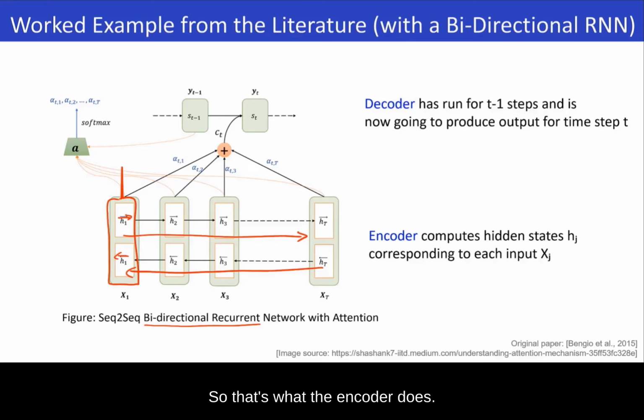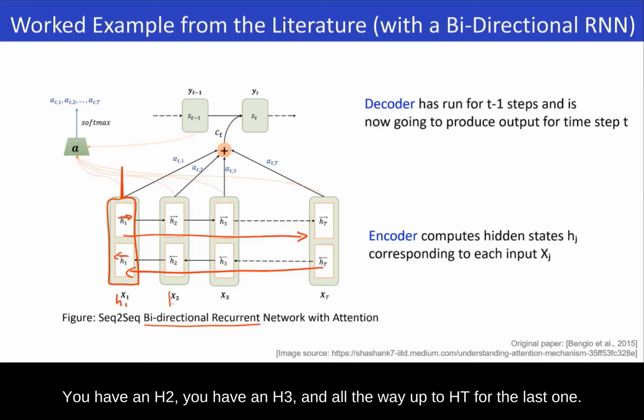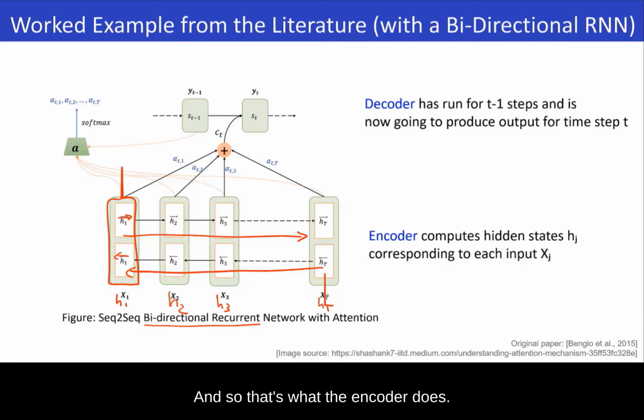So that's what the encoder does. It encodes our input somehow. The details here are really not important. You have an H1 hidden state for this input 1, you have an H2, you have an H3, and all the way up to HT for the last one. And so that's what the encoder does.